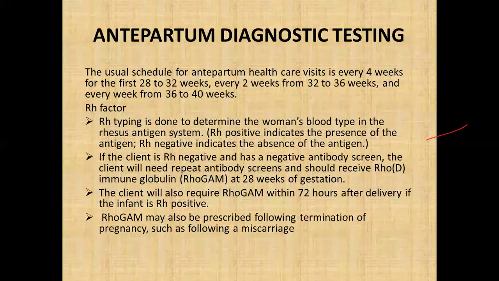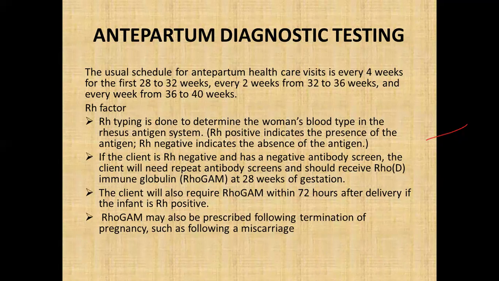Typically, the healthcare provider will ask the person to start her regular visits from 12 weeks going. That is the standard. Even though some people can start as early as 10 weeks or 8 weeks. So let's assume the person started her visits at 8 weeks of gestation.